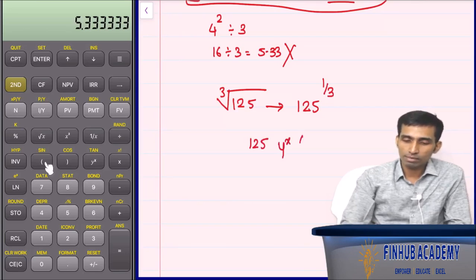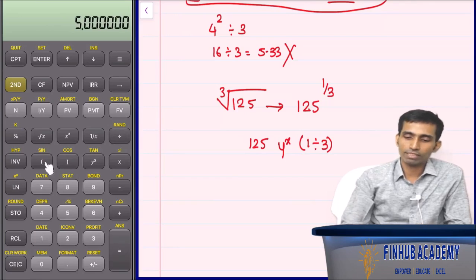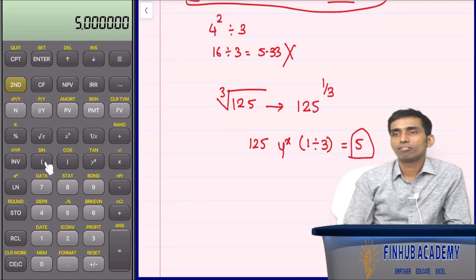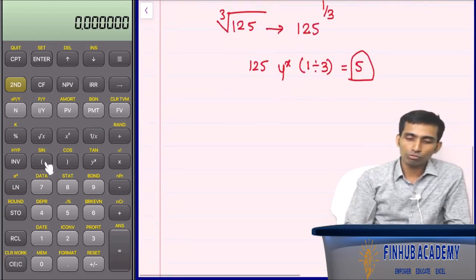Y raised to x, bracket open, 1 divided by 3, answer should be 5. Check. 125 y raised to x, bracket open, 1 divided by 3, bracket close, is equals to 5, the answer. Okay, this should be your display. Is this clear? Fine.